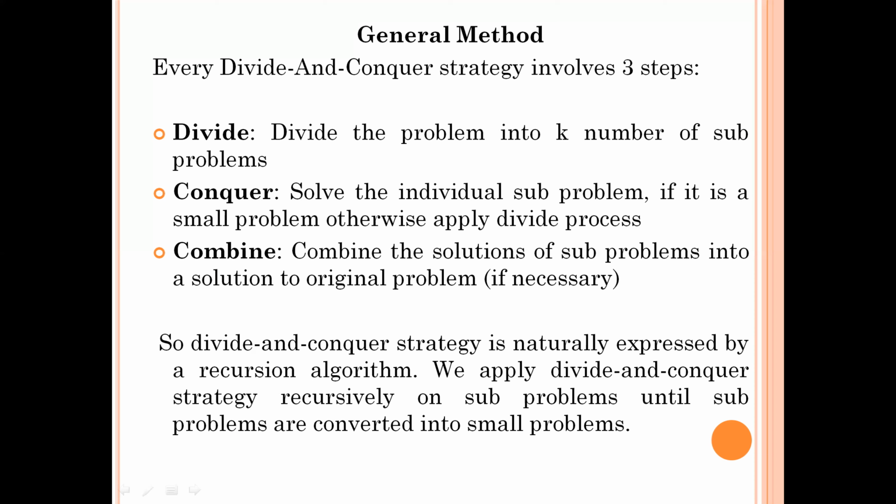Then the p1 and p2 solutions are combined, and you will get the solution for k1. After combining the solutions of all the cases, you will get the solution for your original complex problem. All of this can be done if you use recursion, which makes the process very easy.